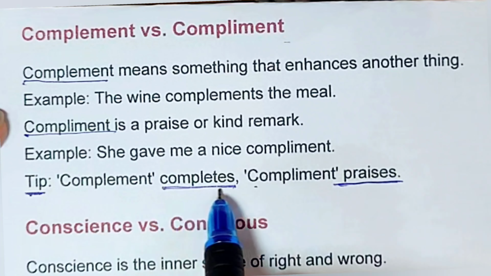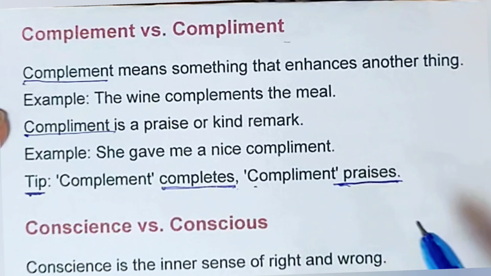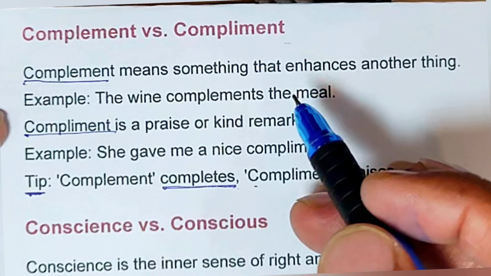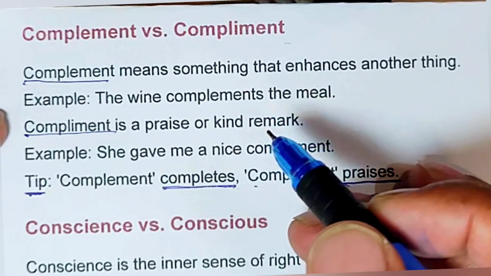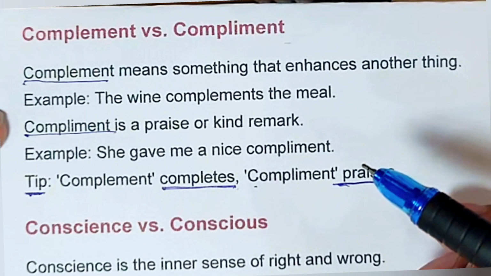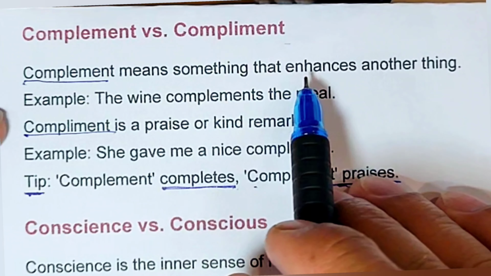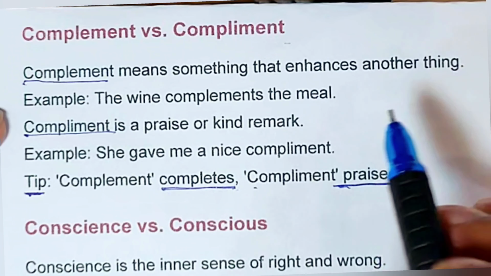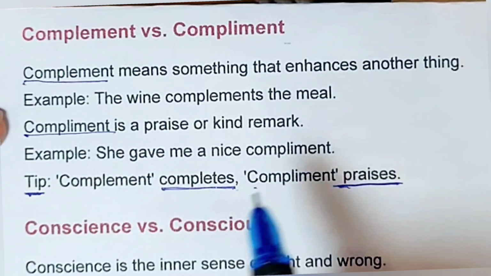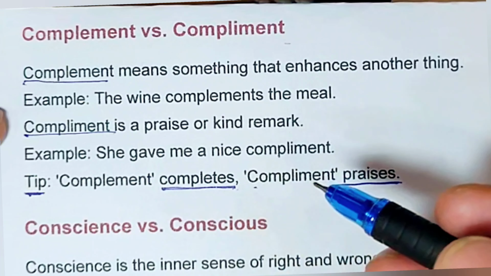These two similar looking words have nearly the same pronunciation, but their meanings are different. Hopefully you understand these two words and know how to use them in sentences with different meanings. Let's proceed to the next one.